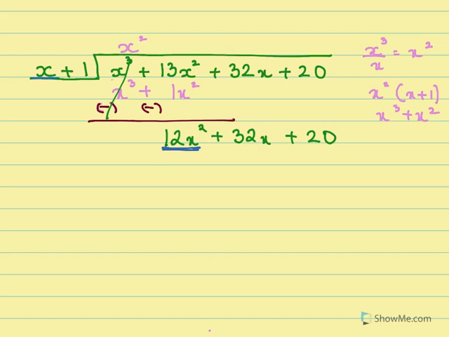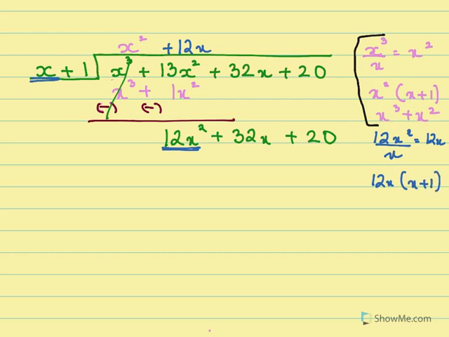Now for the next, we need to divide 12x square by x, and this becomes 12x. So I'll write here plus 12x. Remember, this was one step which we are done with. Now we're getting on to the next step. So we now do 12x into the divisor, x plus 1, which is 12x squared plus 12x.